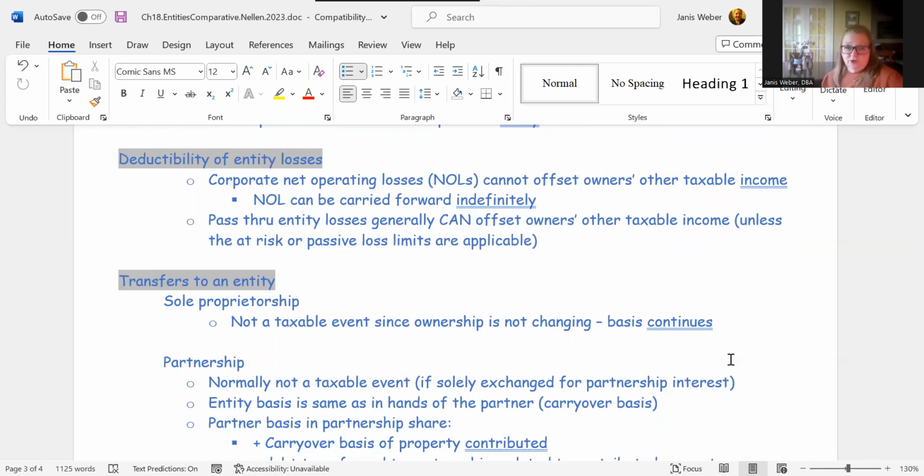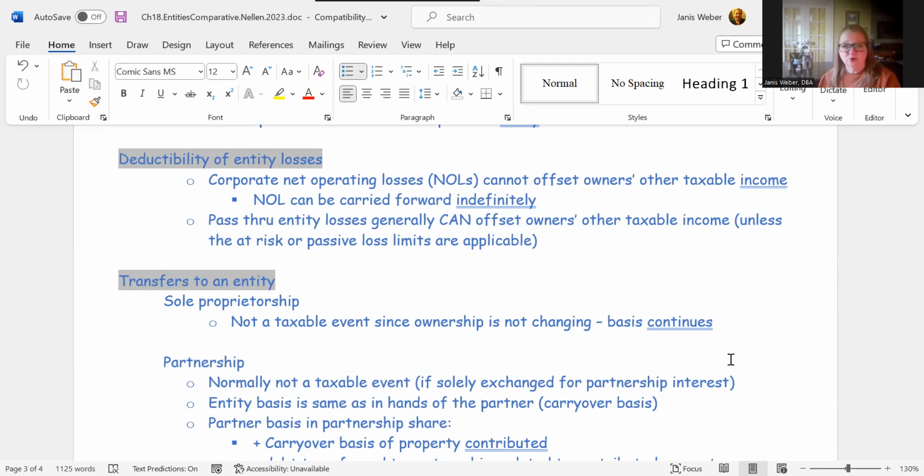That's if you're a C corporation. If you're any kind of pass-through entity, that's not the way it works. In a pass-through entity, if a loss happens to the business, it pushes straight out to those individual shareholders, and it can offset their other taxable income, with the caveat that you still have to make sure you have amounts at risk in order to take losses.